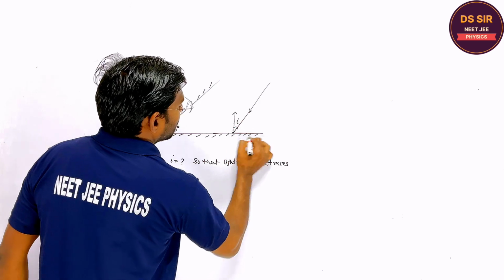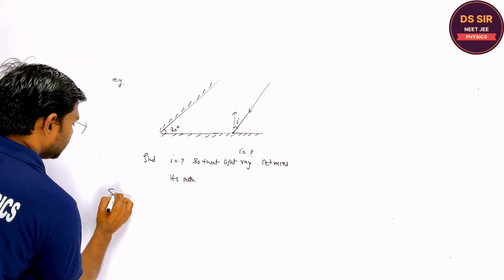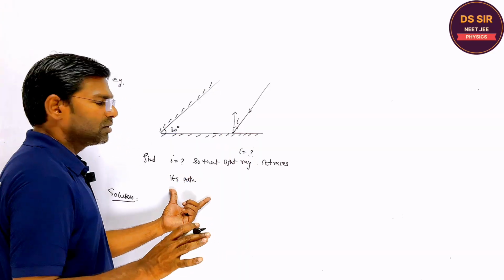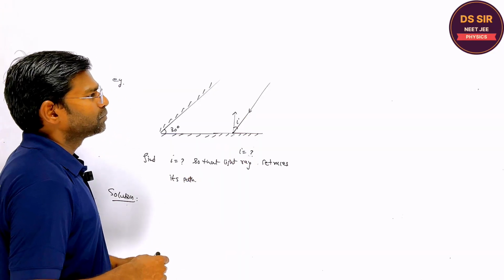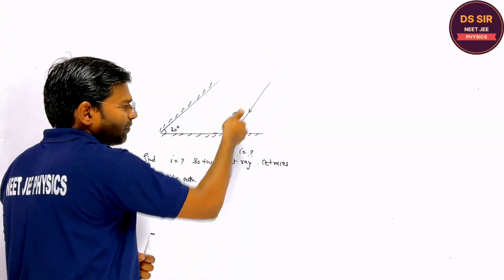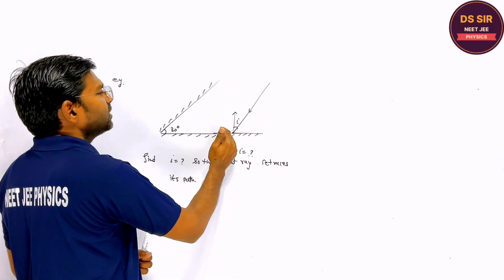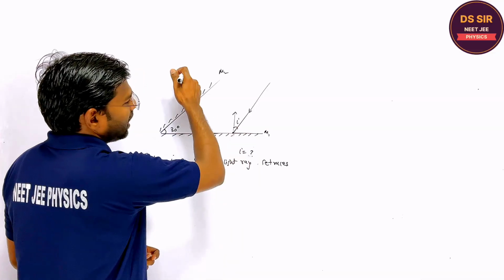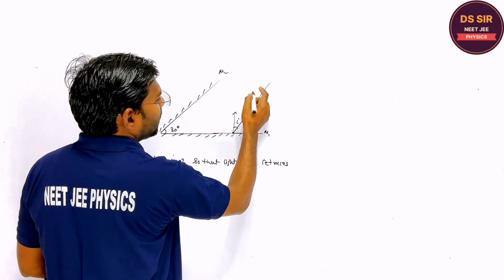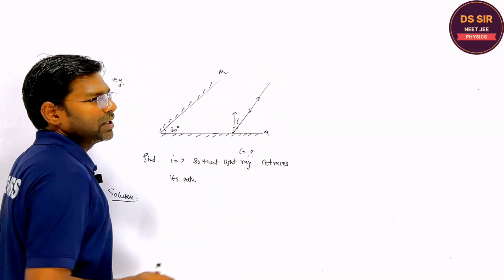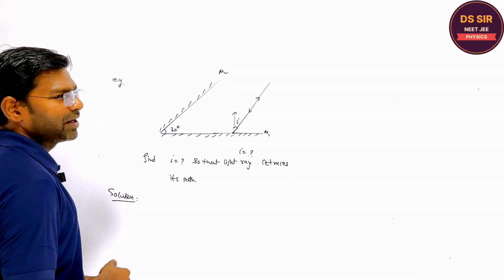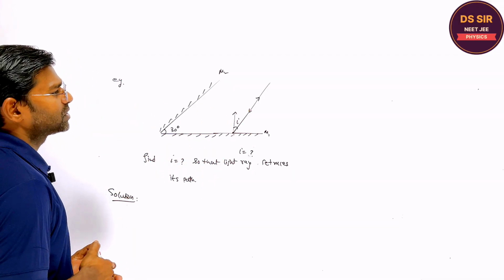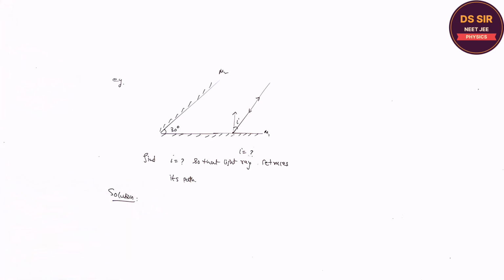So how to solve this question? First copy this. What is the meaning of retracing its path? After it is reflected, it reflects to the mirror M2, and after reflection it retraces its path; the final ray should move in the opposite direction from where it is coming. So you have to find by what angle it should strike over here. Copy this.